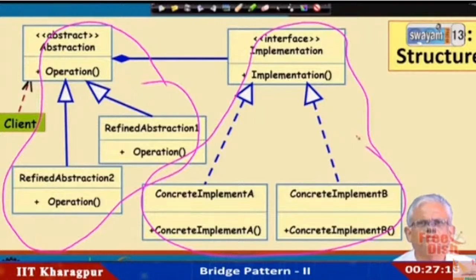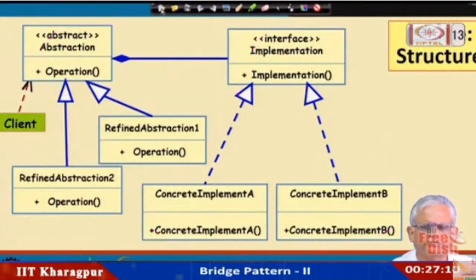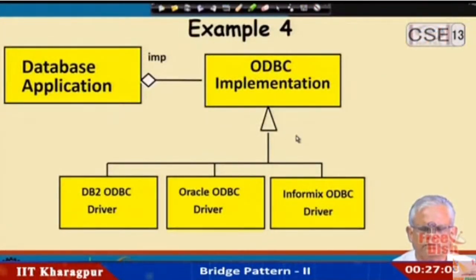Now let us try to solve one more problem and see how we can apply the bridge pattern. This is already there in most of the applications. If you try to understand the application code, you will see that every database application where we have the application level classes, they have a bridge to the ODBC implementation.